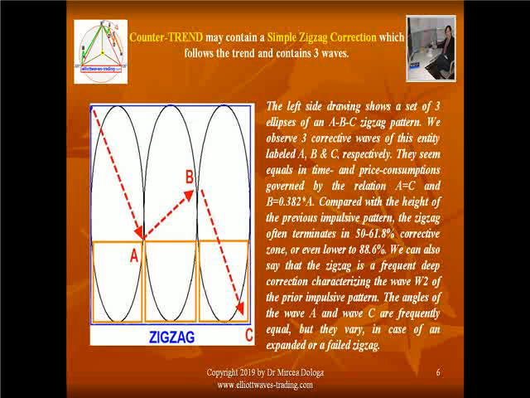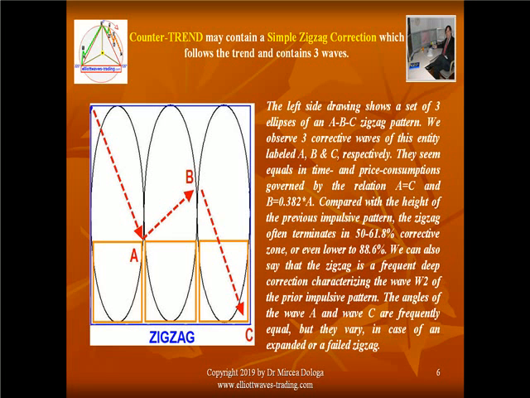Counter trend may contain a simple zigzag correction which follows the trend and contains 3 waves. The left side drawing shows a set of 3 ellipses of an ABC zigzag pattern. We observe 3 correcting waves of this entity labeled A, B, and C respectively. They seem equal in time and price consumption, governed by the relation A equals C and B equals 0.382A.